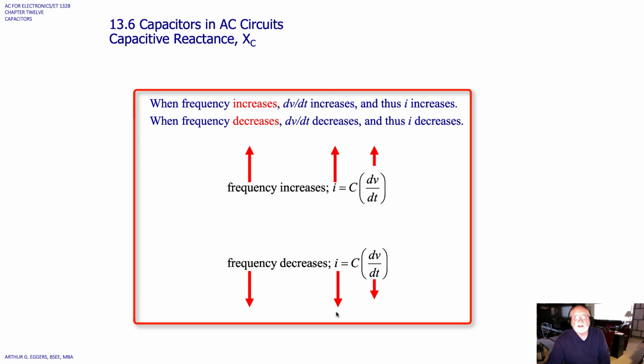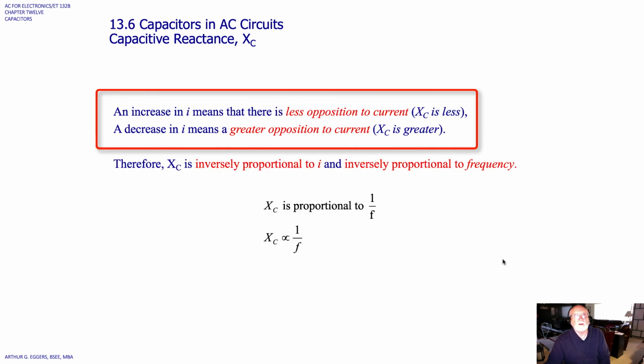Frequency decrease, these values go down. So an increase in current means that there is less opposition to current. So the reactance, X sub C, will be less. A decrease in current means a greater opposition to current, X sub C will be greater.